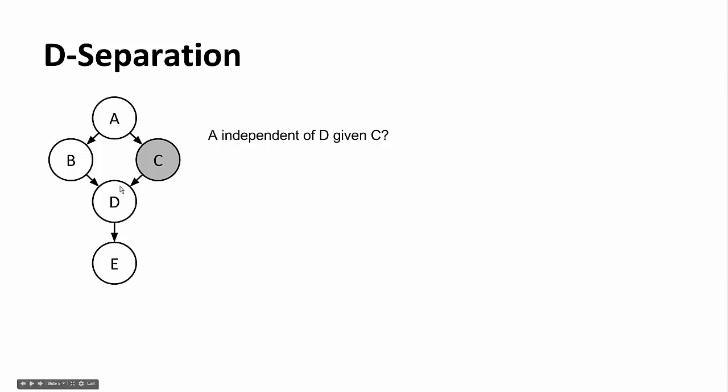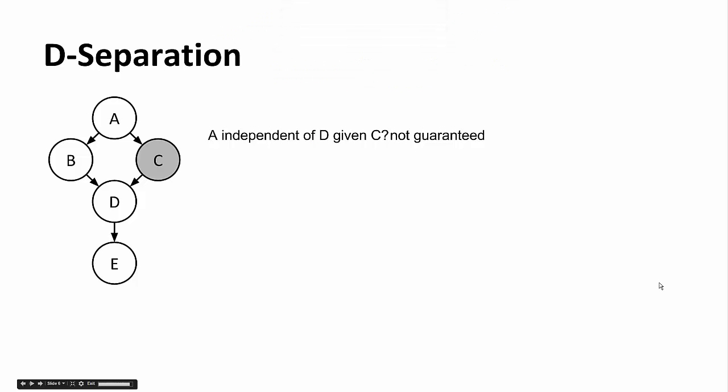So ACD. This triple will be inactive because this is a causal chain where the middle one's observed, which is an inactive triple. So of the 2 paths between A and D, we have one inactive one and one active one. And because there's an active one, that tells us that A is not guaranteed to be independent of D. And so we'll say it's not guaranteed.